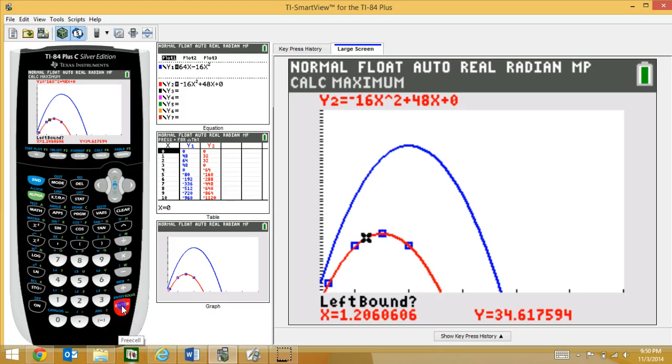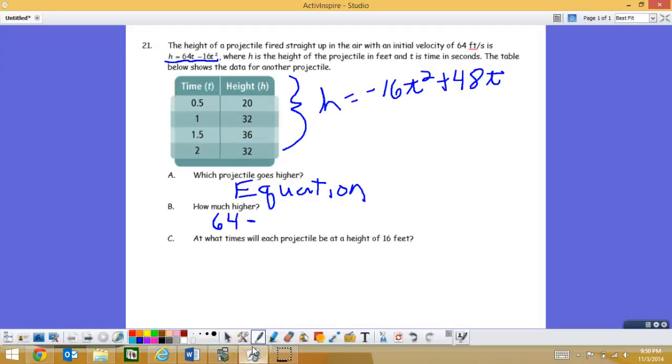Okay. Again, it asked me for a left bound and also a right bound. And the maximum of the second one is 36 feet.